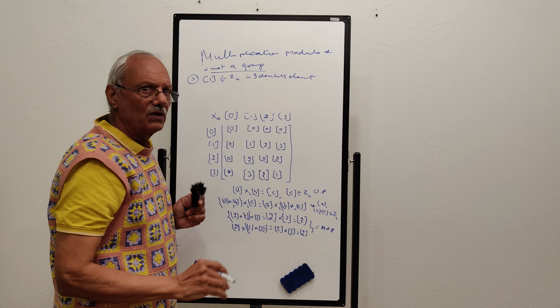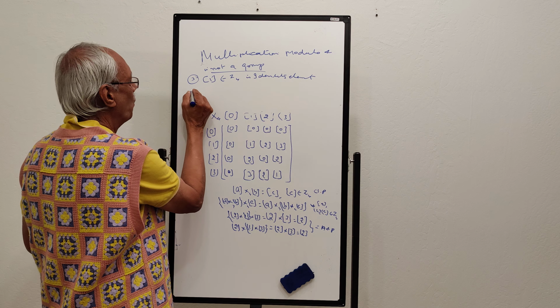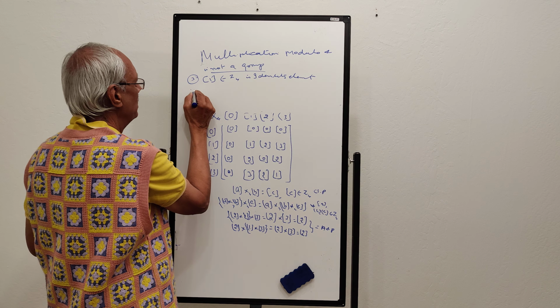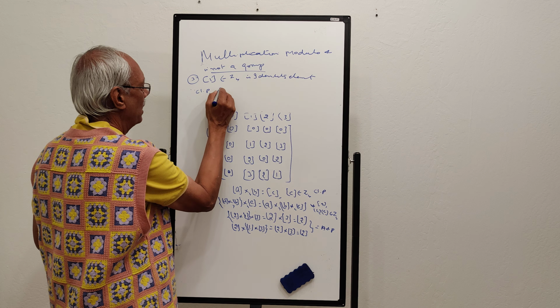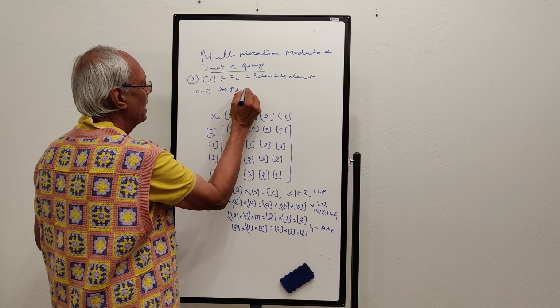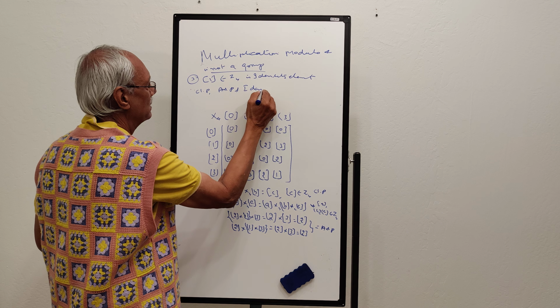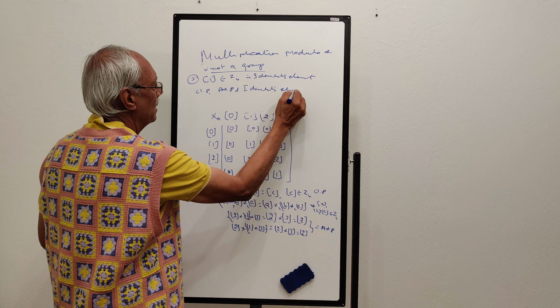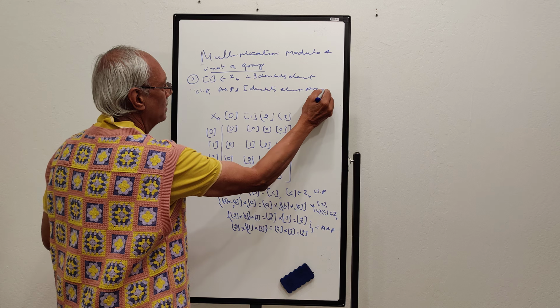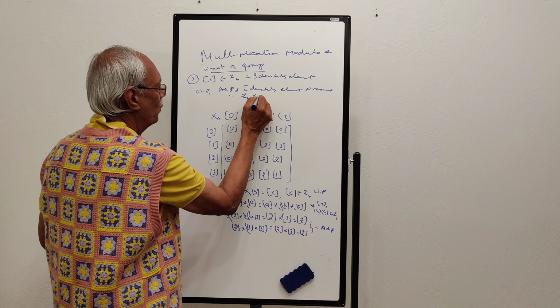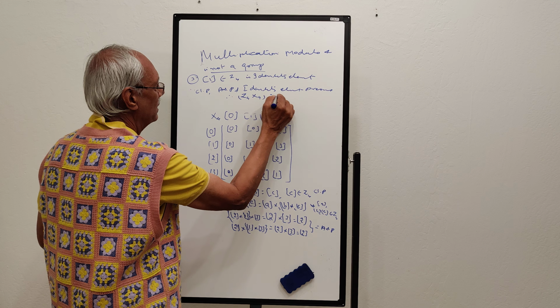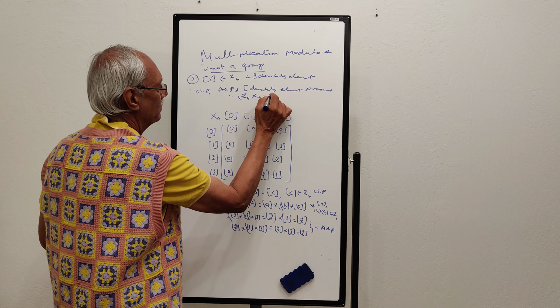The closure property, associative property, and identity element are present. Therefore Z4 under multiplication modulo 4 is a monoid.